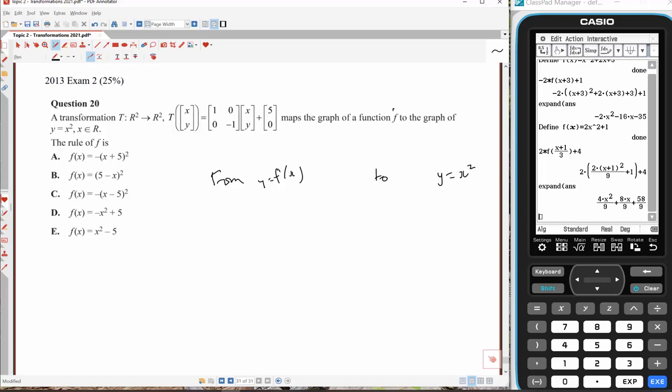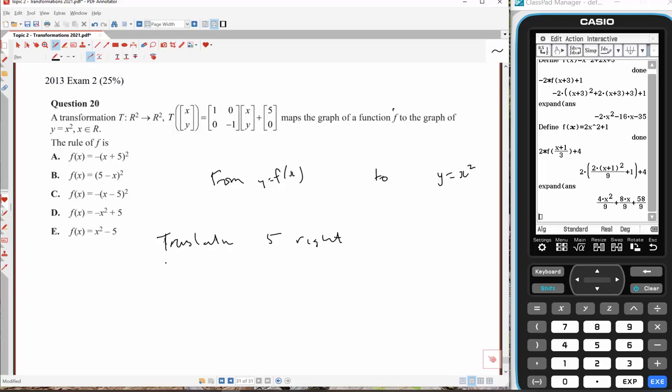Okay, so some sort of parabola has this stuff done to it to form this basic graph here. Right, so what are the transformations? It's a translation 5 to the right.